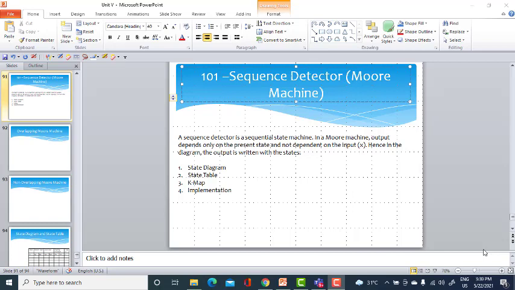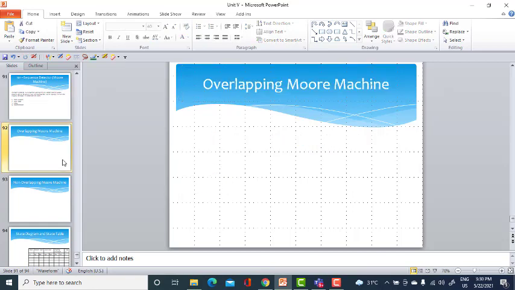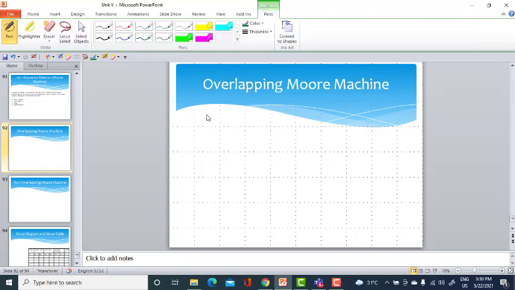Let me first go ahead with the overlapping model. I will draw the state diagram directly, then you will be familiar. We are going to detect 3 bits, namely 1, 0, 1, so n is equal to 3. So the number of states will be n plus 1, that is 4 states.